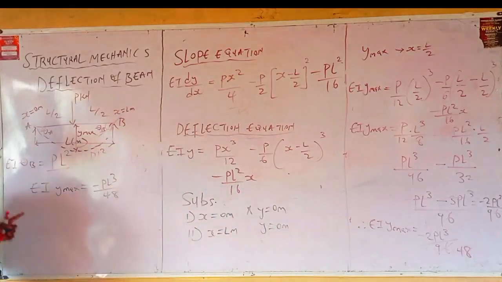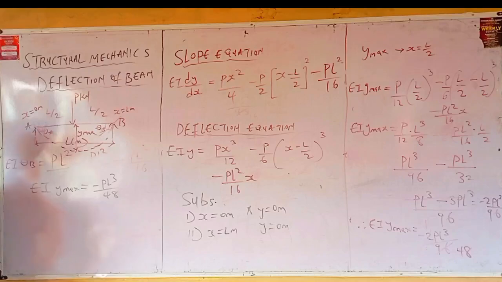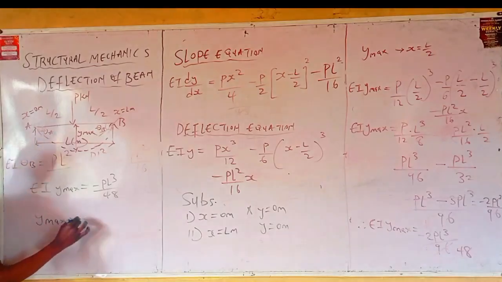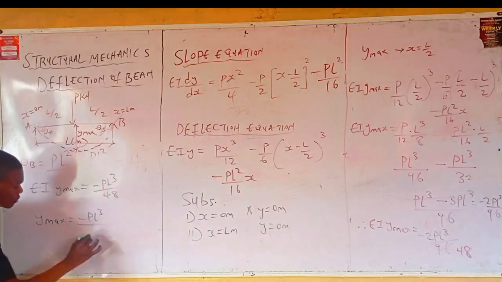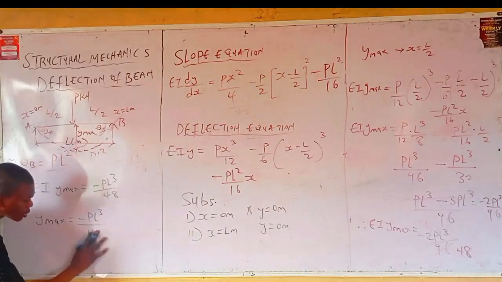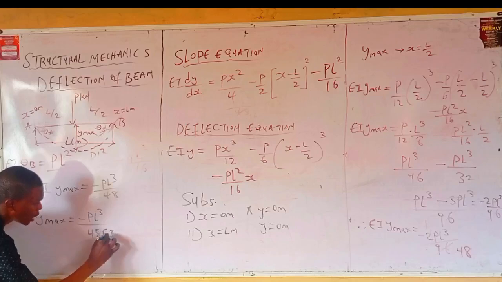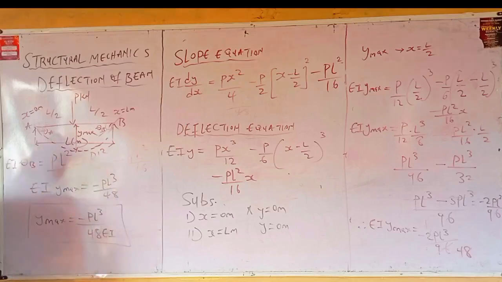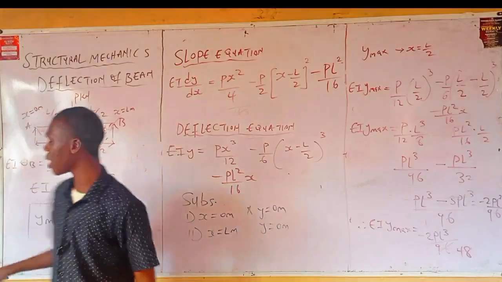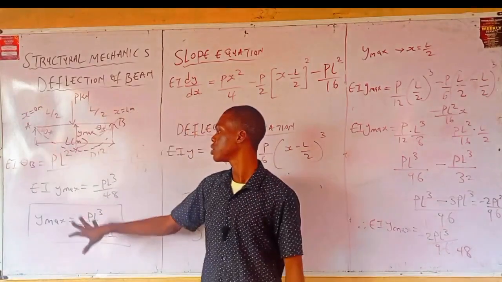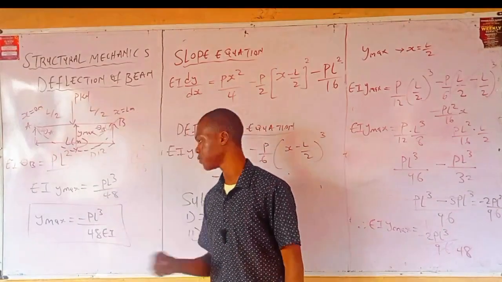Then from here, divide both sides by EI, meaning Y max is equal to negative PL cube divided by 48EI. So this is the value for your maximum deflection. For this beam, this becomes the value for the maximum deflection.